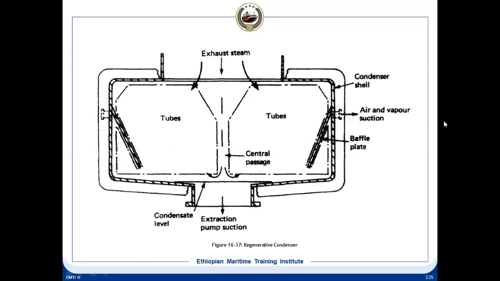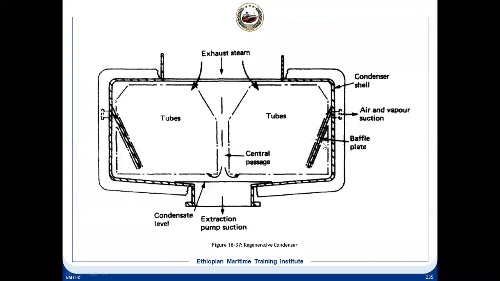small fan. You don't want a powerful fan over here, because otherwise the exhaust steam will also get sucked out. So you need something which is not very powerful, but it still has to do the job of extracting all the air and other gases which could not be condensed. These ducts connect to an air removal duct after passing through the batch of tubes, which are screened from the steam in the condenser.